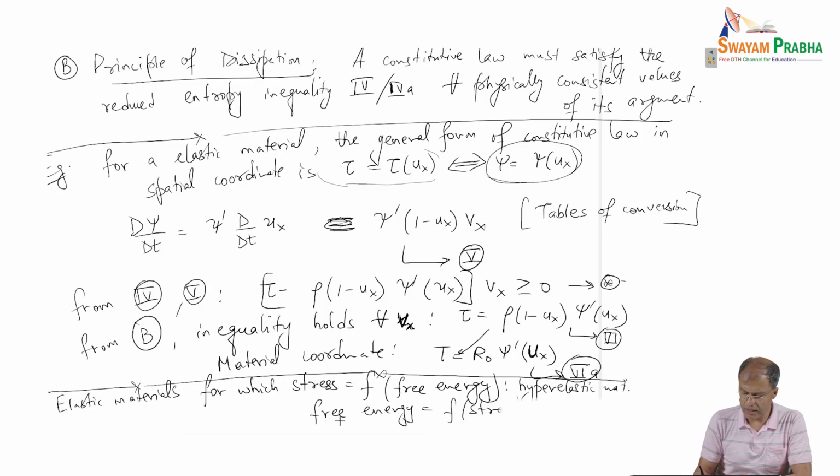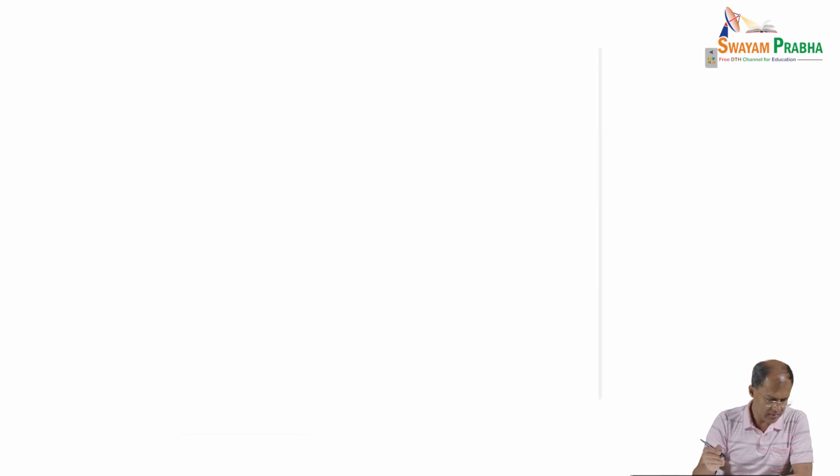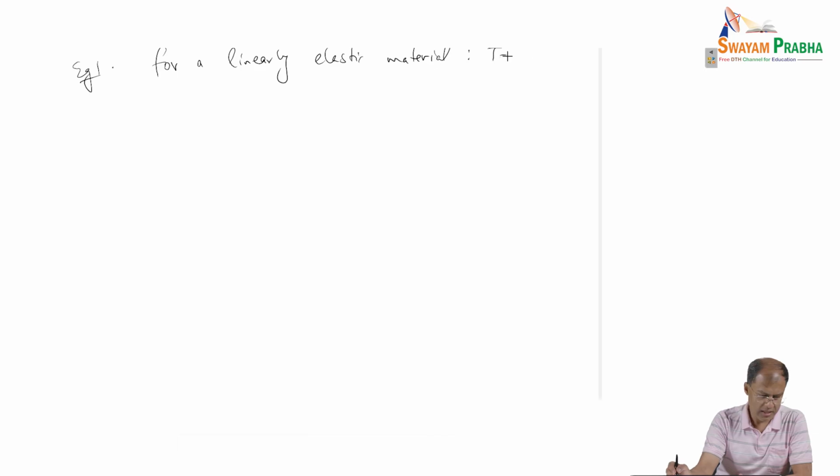Let us look at this idea through one quick example. For a linearly elastic material, we have that T is E times ux, and from 6a, the material coordinate equation, we see that R0 times psi prime epsilon is equal to E epsilon.